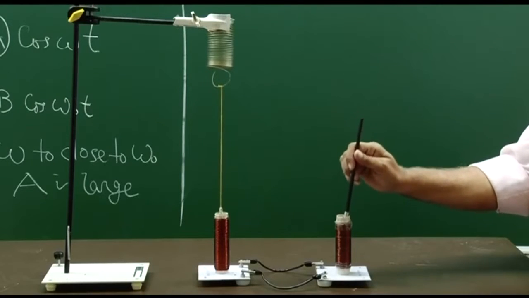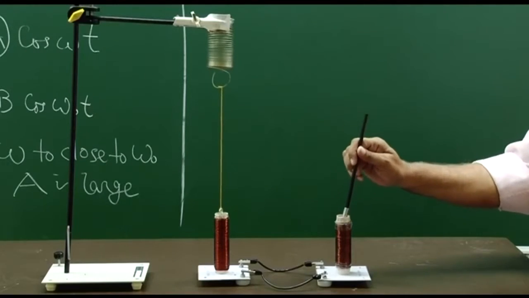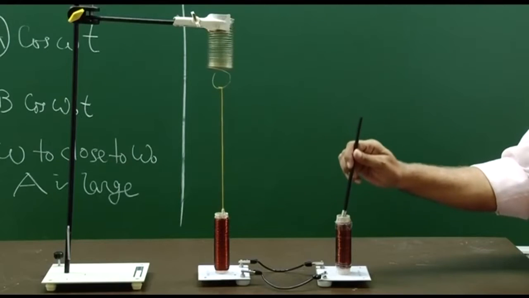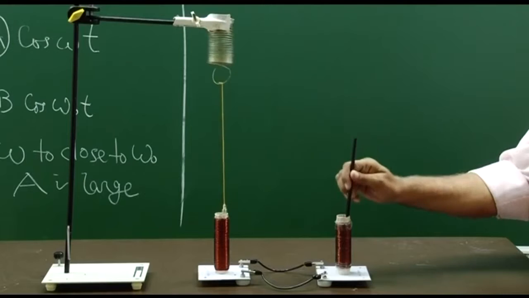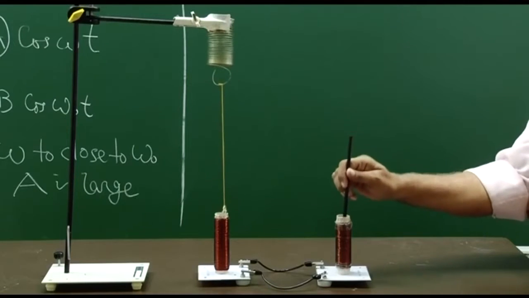I go at a very large frequency. And you see it hardly oscillates, the magnet hardly oscillates, and now I am going with the intermediate frequency. And you see the amplitude of the oscillation.